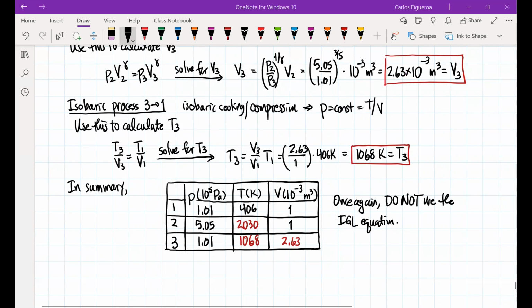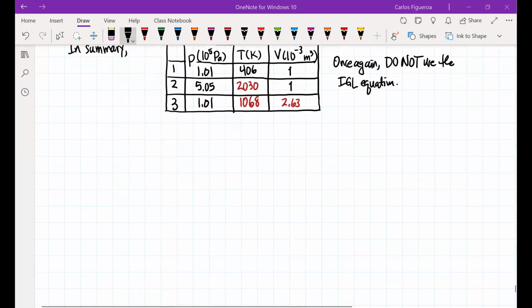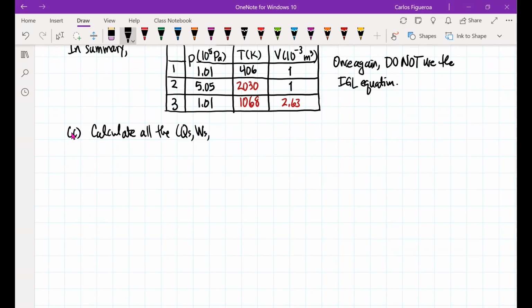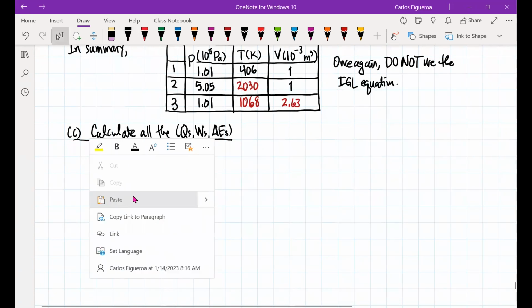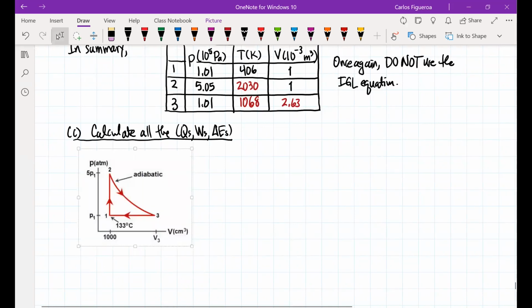Okay, so now we need to go on to part C, where we want to compute all of the heatings and workings and stuff like that. So now C, we want to calculate all the heatings, workings, and changes in internal energy. Once again, the first thing I have to do is keep my system right here.